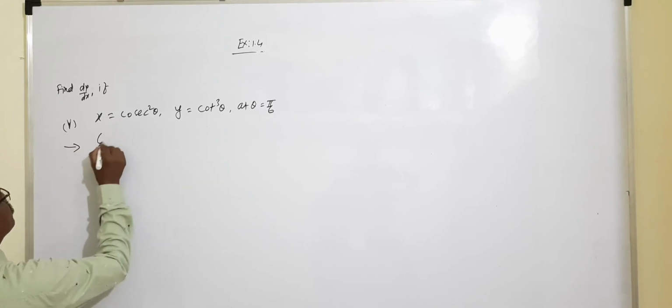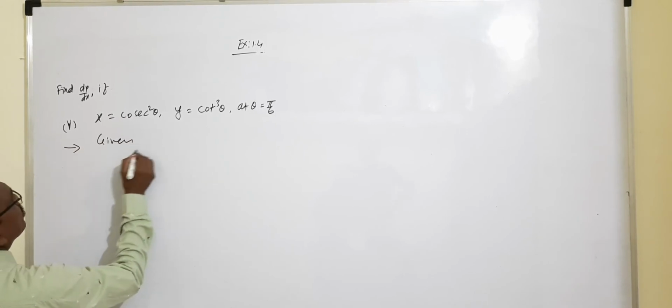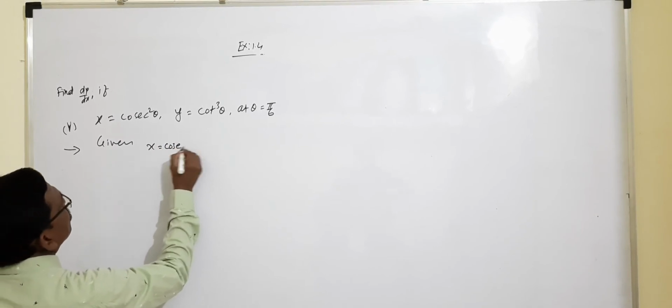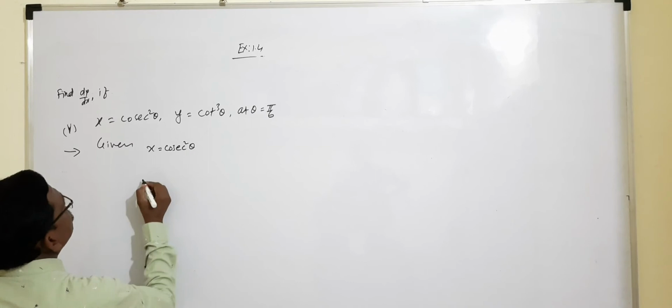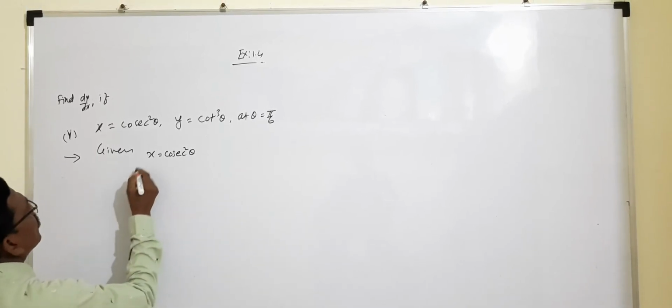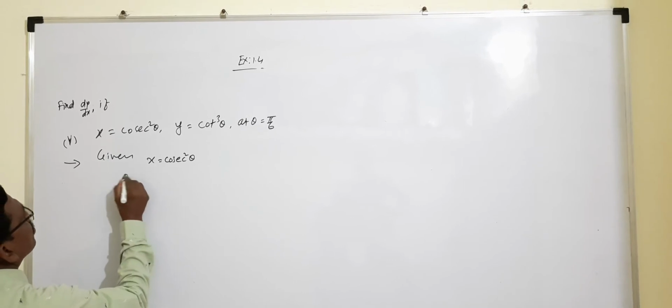So given x equal to cosec square theta, differentiate with respect to theta. Theta is a parameter here.